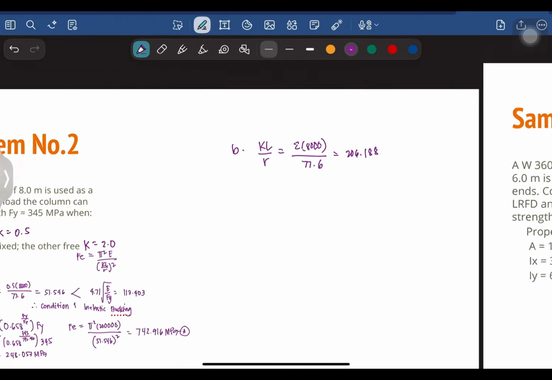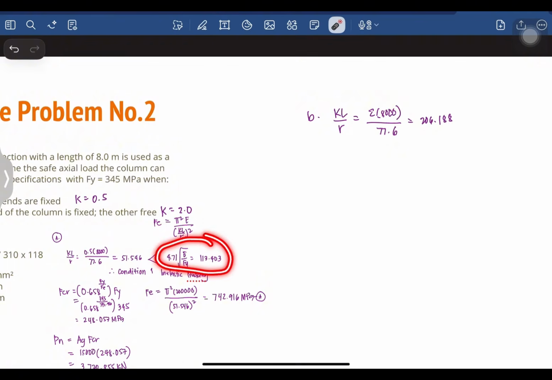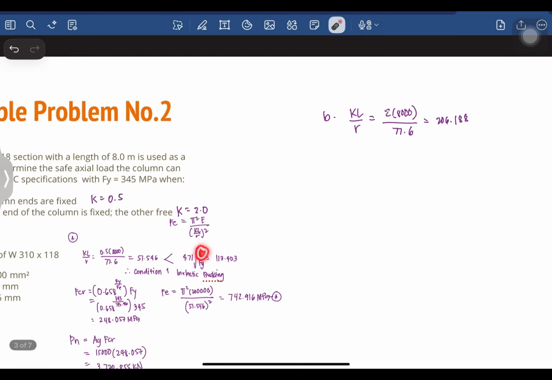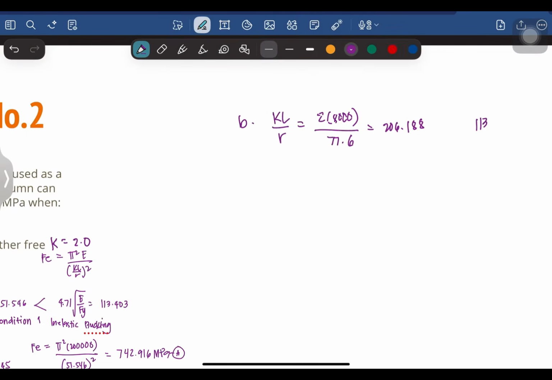Then comparing it to the 4.71, pareho lang yung ginamit na mga variables na E 200,000. Yung Fy natin is also equal to 345. So gagamitin din natin itong value to compare for this ratio. So 113.403. So we can conclude this is greater than. So mag-fall po siya sa condition 2 as elastic buckling.